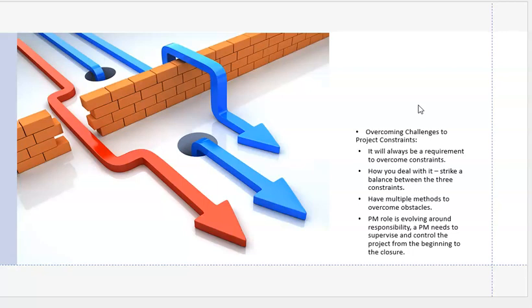The last one says PM role is evolving around responsibility. Yeah, it is. A PM needs to supervise and control the project from the beginning to the closure. And that means all three of those constraints that we were talking about: cost, staying within budget, not trying to add too many extras to the client, looking for materials and going to different manufacturers or different vendors sometimes to be able to do that.